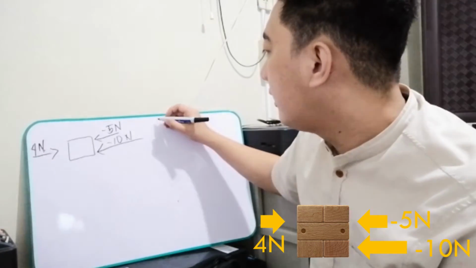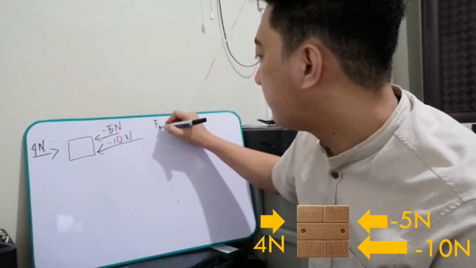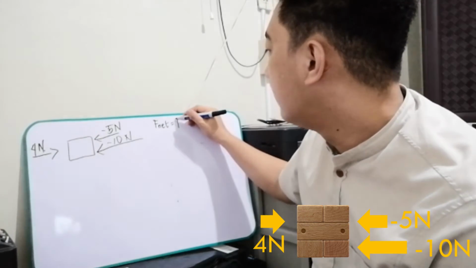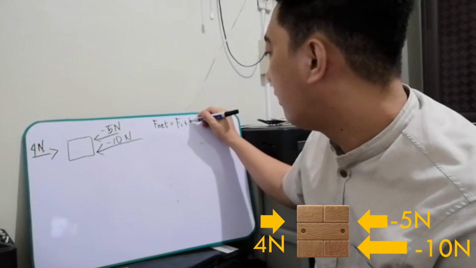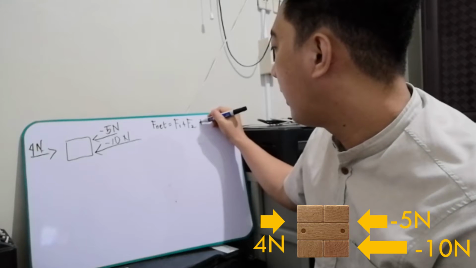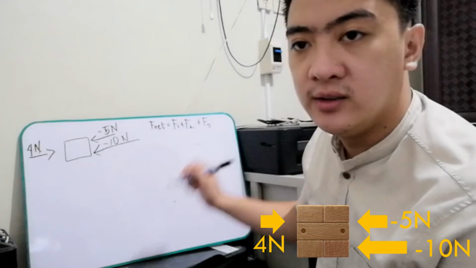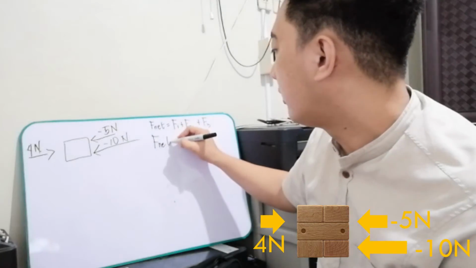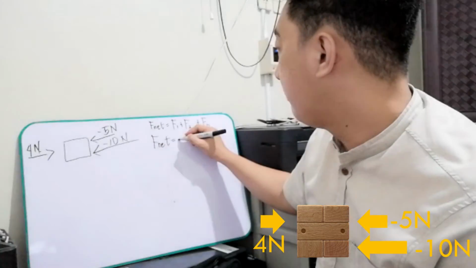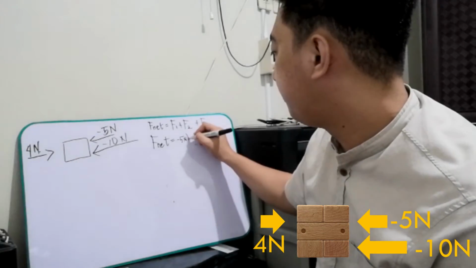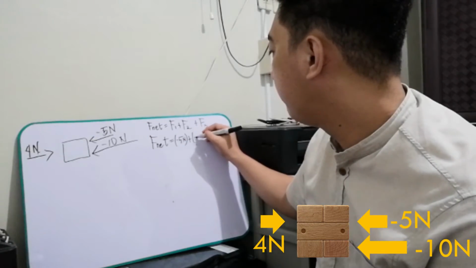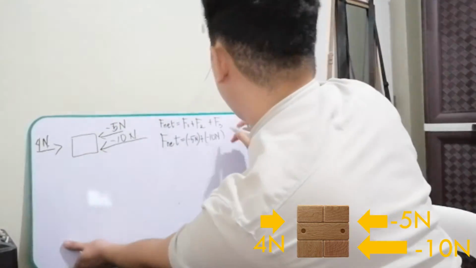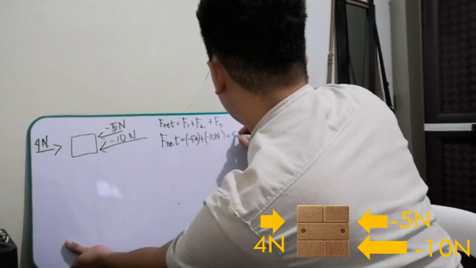So let us first calculate the net force. F net is equal to, since there are three forces, so we have force 1, force 2, plus force 3. So F net, or the net force, is equal to negative 5 newtons plus negative 10 newtons plus 4 newtons.